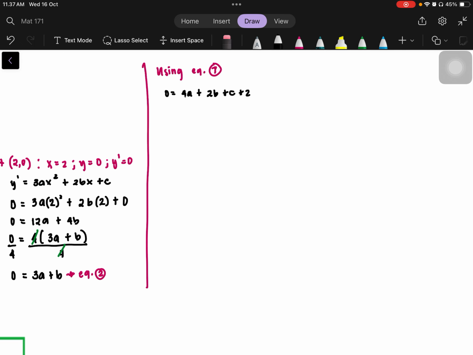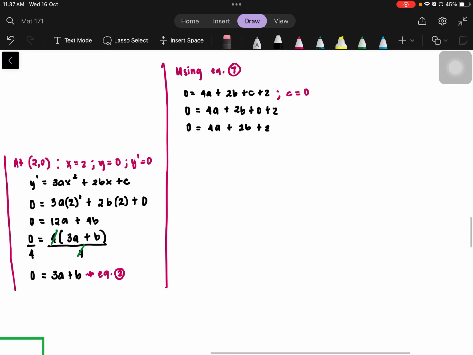Tama ba? Okay. And then, substitute natin ngayon si c. Sabi natin, c is equal to 0. So, we will be having 0 is equal to 4a plus 2b plus 0 plus 2. So, kung aayusin natin siya, we have 0 is equal to 4a plus 2b plus 2.